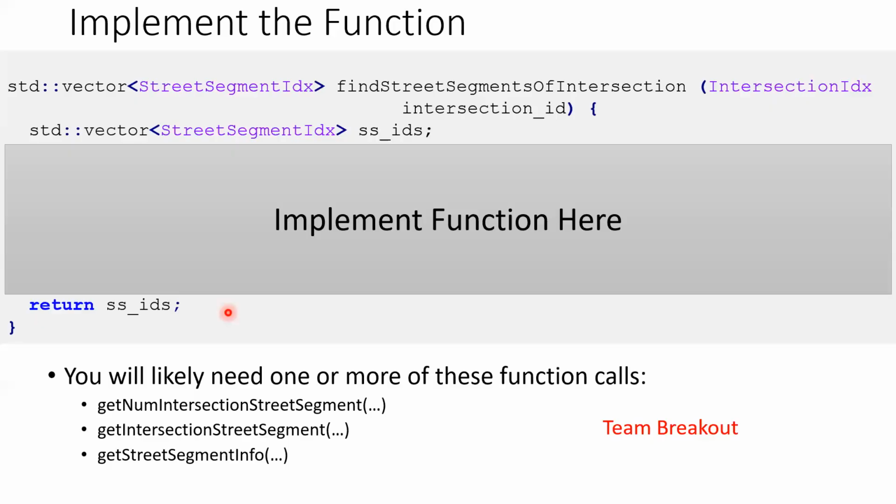And next, let's open up a text editor, or if you have your repo ready, you can VNC into your UG machine and try to implement this function using the 3 function calls to the lower level API. And we'll be back in a few minutes.